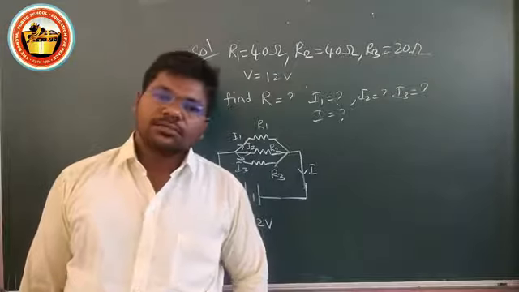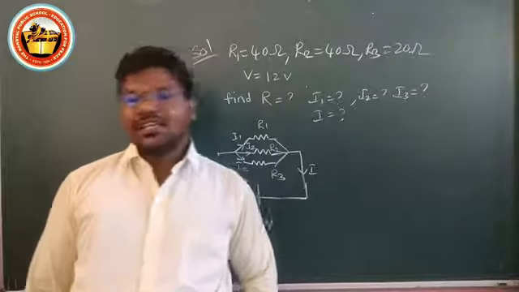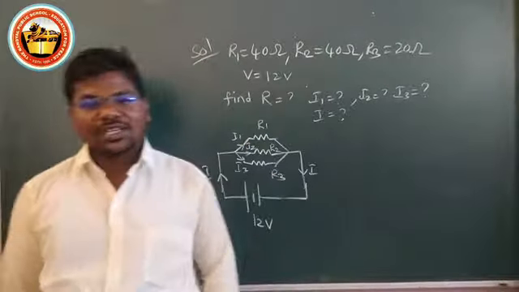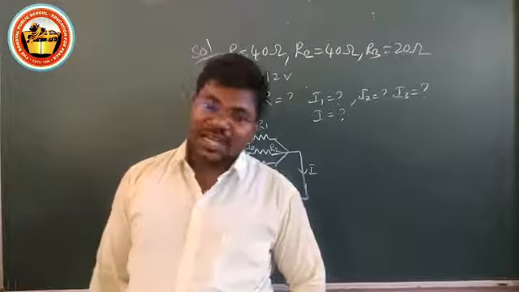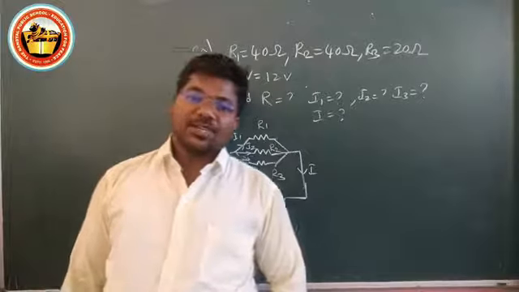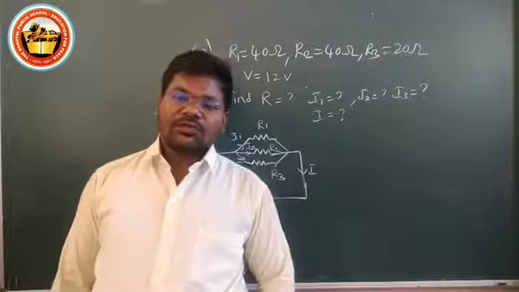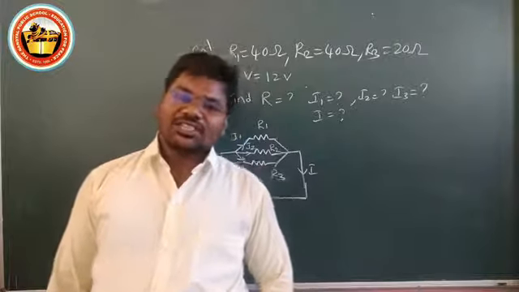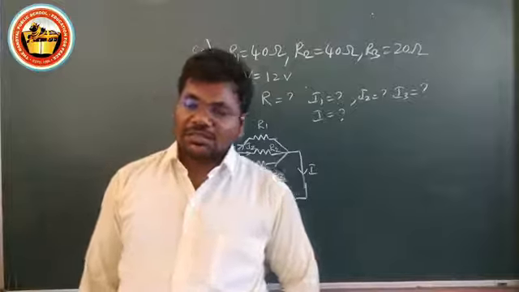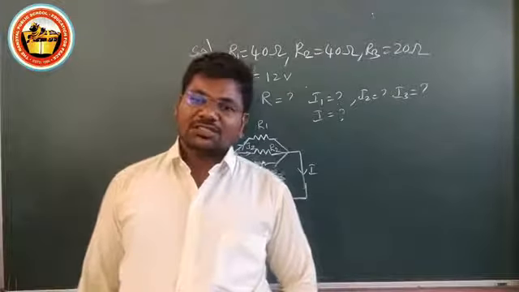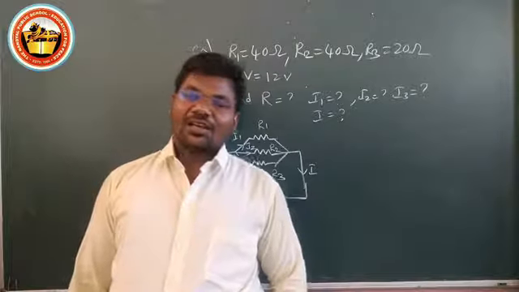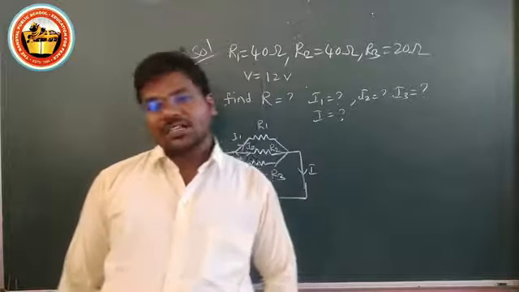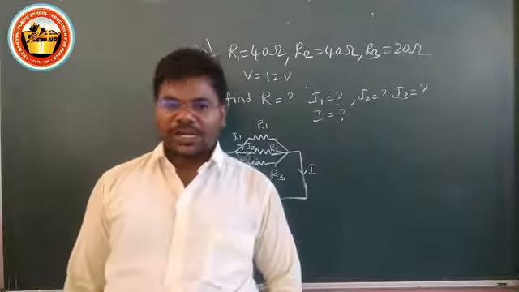In this problem, R1 is equal to 40 ohms, R2 is equal to 40 ohms, R3 is equal to 20 ohms, and the battery is 12 volts. We have to find the effective resistance, the current passing through the first, second and third resistors, and the total current passing through the circuit.